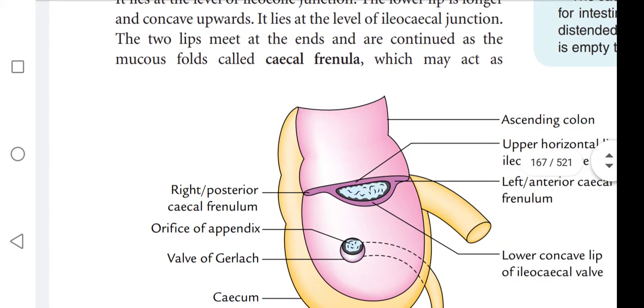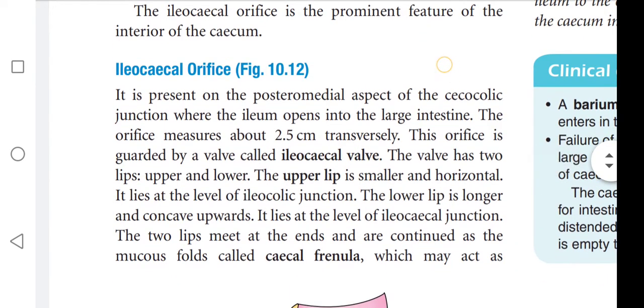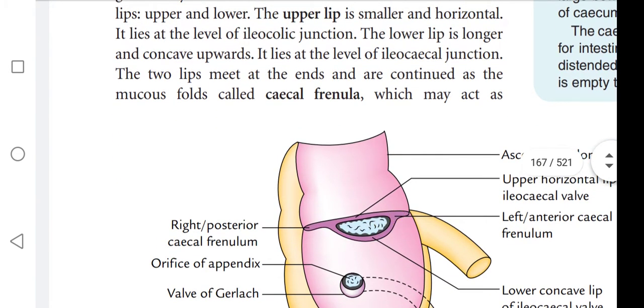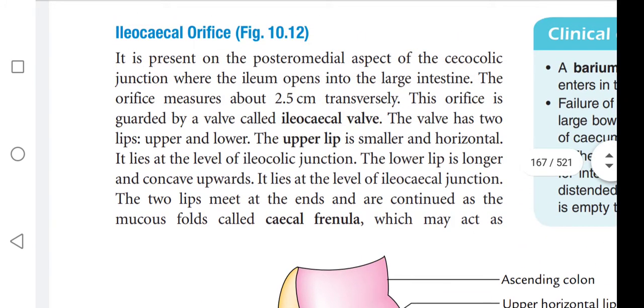This is the valve, and the valve has two lips, upper and lower. The upper lip is smaller and horizontal.